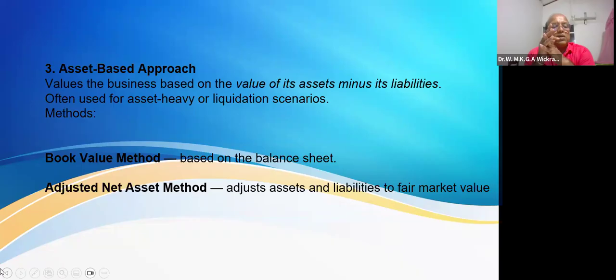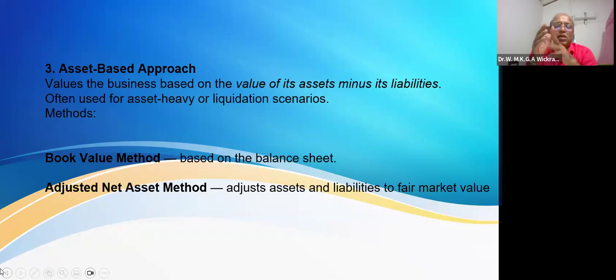The next one, under the asset-based approach, the book value method, means you can read the balance sheet of the company. Even balance sheet, now we call it statement of assets and liabilities. Again, same thing. Book value method means if it is a company, or a sole proprietorship, they will maintain a set of accounts.